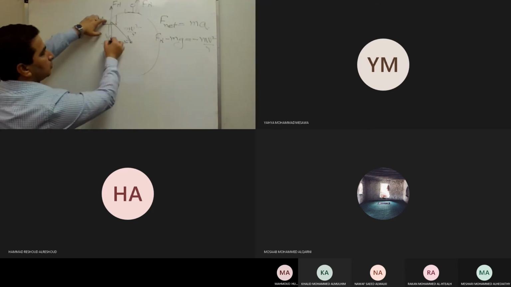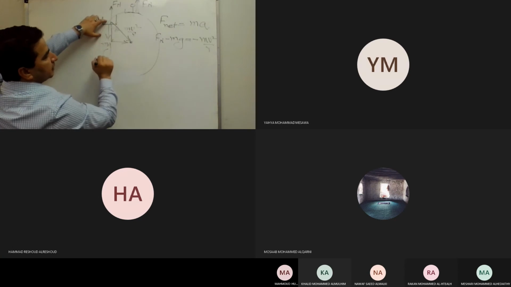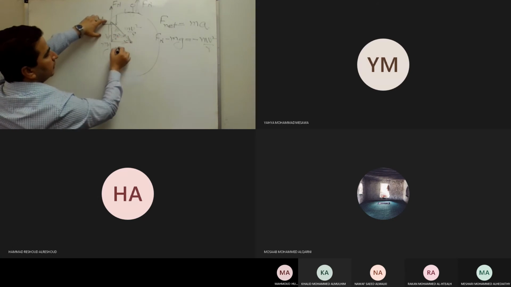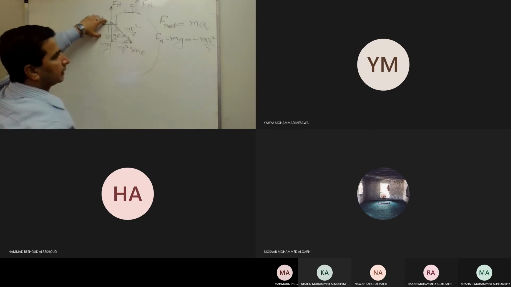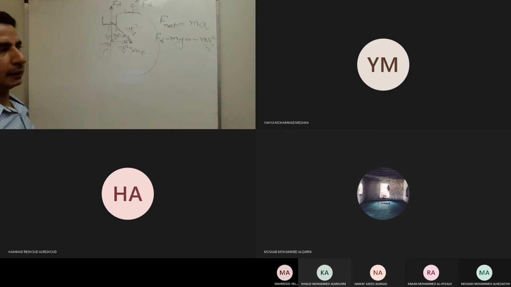If this was some angle that is subtended, then this will be mv squared by r cosine theta, and the other one is mv squared by r sine theta. So then there are a little more complications coming into the forces, and we have to resolve them into components and decide based on that.